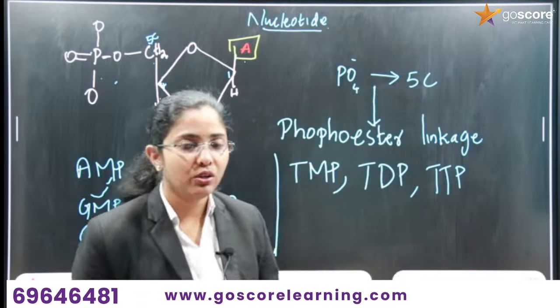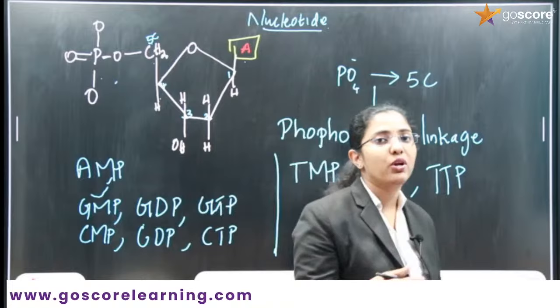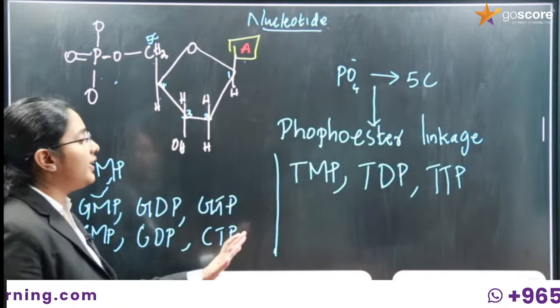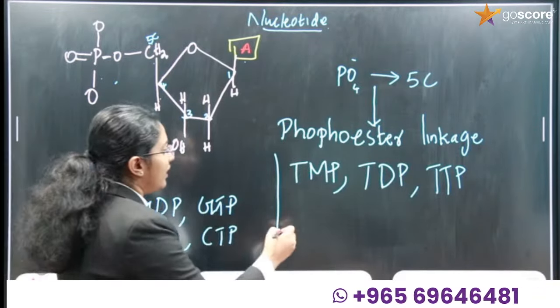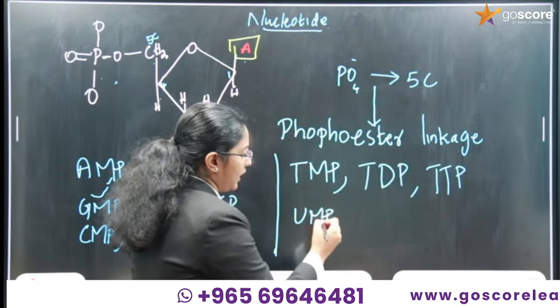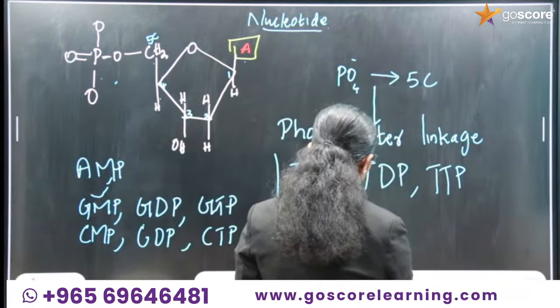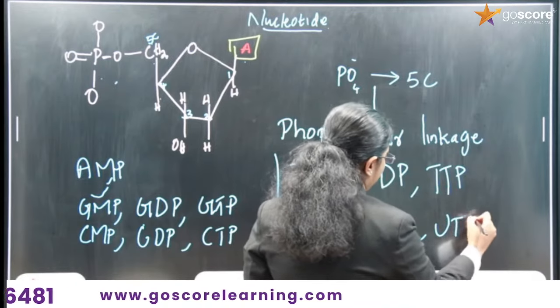So considering thymine, it forms TMP, monophosphate, then TDP and TTP. Then next, it will be UMP, uridine monophosphate. Then we have to know about uridine diphosphate and uridine triphosphate.